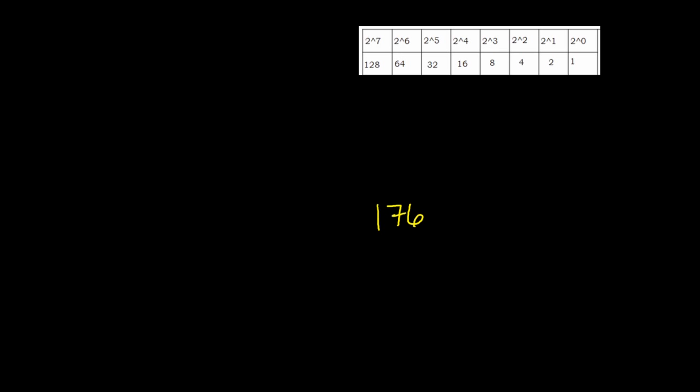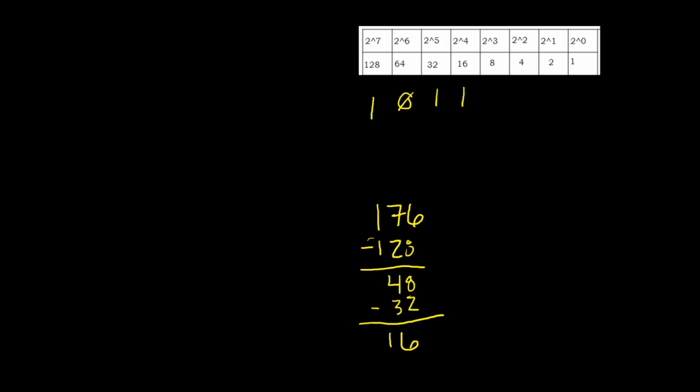Now, can 128 go into 176? Of course it can. So we've added 128, and that, of course, is going to leave 48. 64 cannot go into 48. However, 32 can. So we're going to subtract 32 here, and that will leave us with 16.